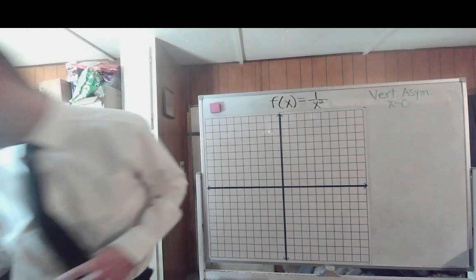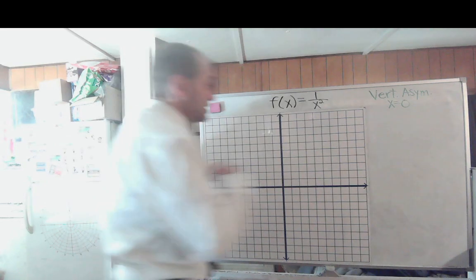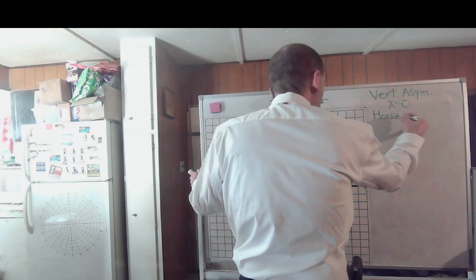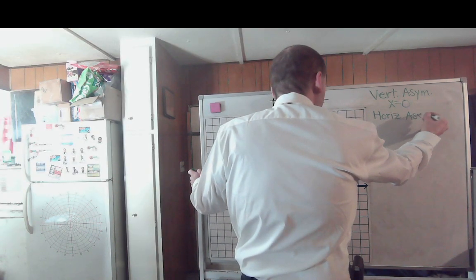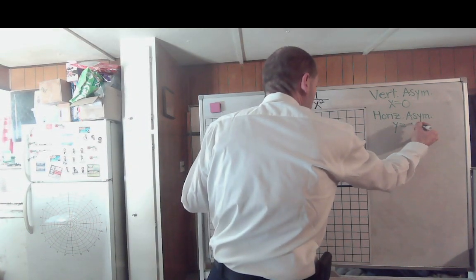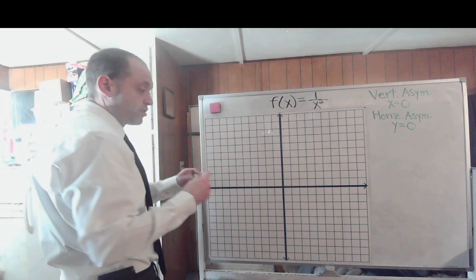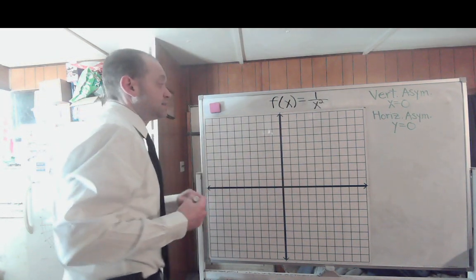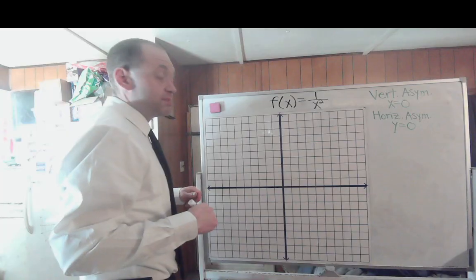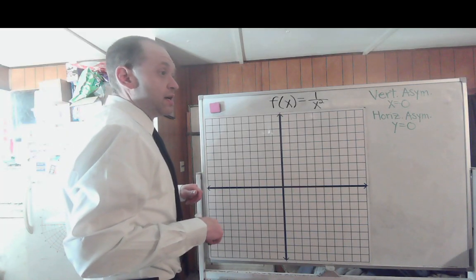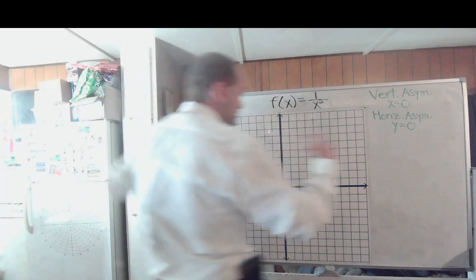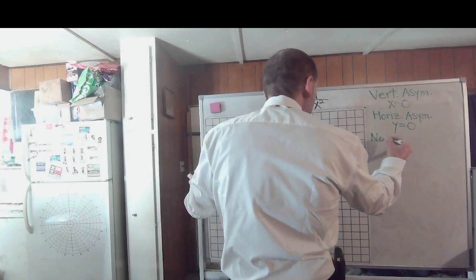Now let's put what the horizontal asymptote is. That's going to be y equals 0, so I don't think we need to draw the asymptotes. They're pretty well drawn for us on the axes. Now, there actually are no intercepts, neither x nor y. For the y-intercept, if you put in 0 for x, you'd have it undefined, so there is no y-intercept.